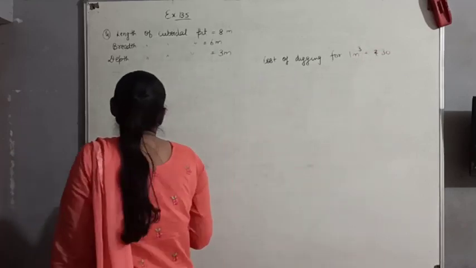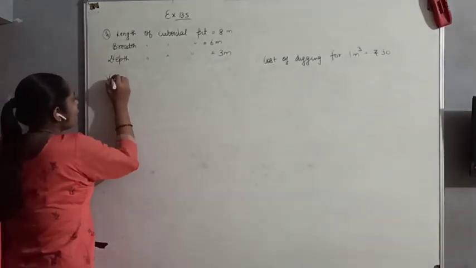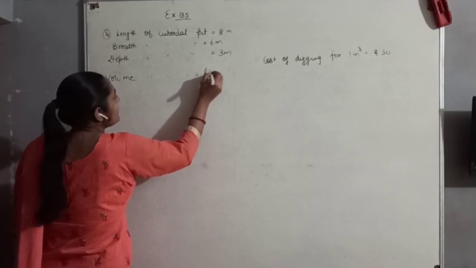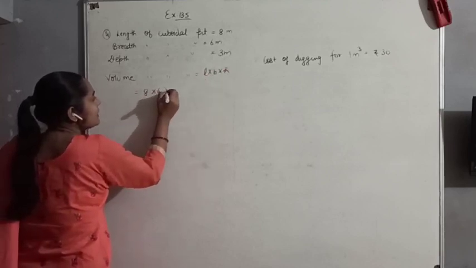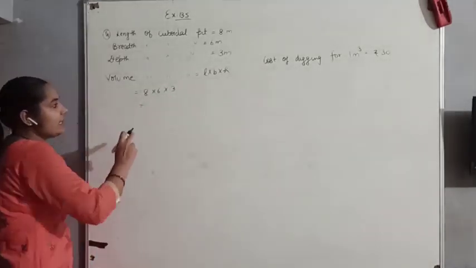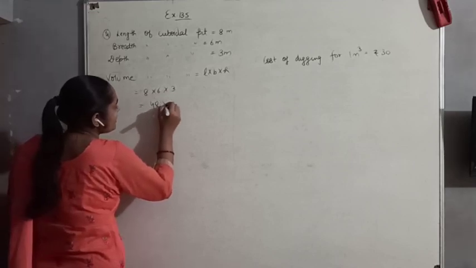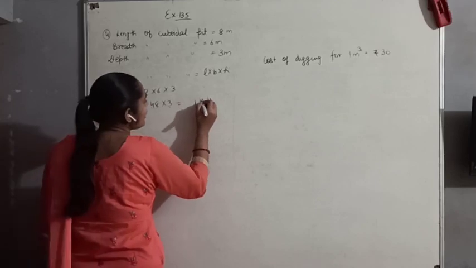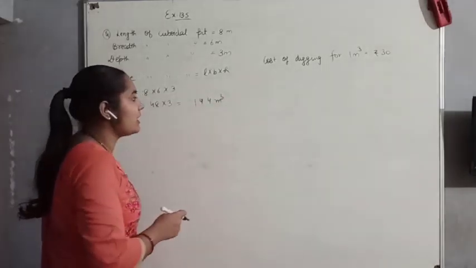So firstly we calculate the volume of that cuboidal pit, and we know that volume of cuboidal pit is equal to length into breadth into height, that is equal to 8 into 6 into 3. 8 6s are 48, 48 into 3 is equal to 144 cubic meter, and cost of 1 cubic meter is 30 rupees.